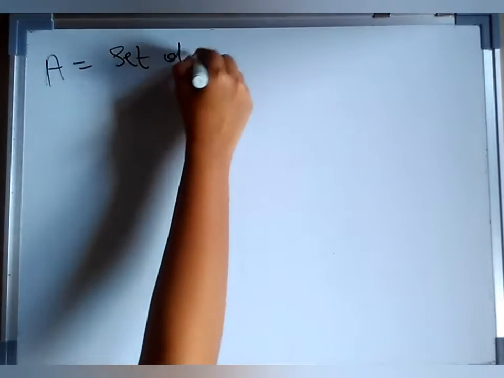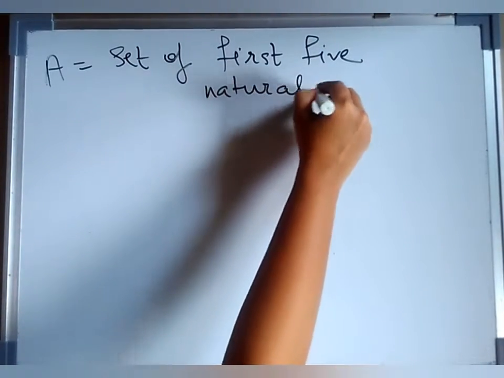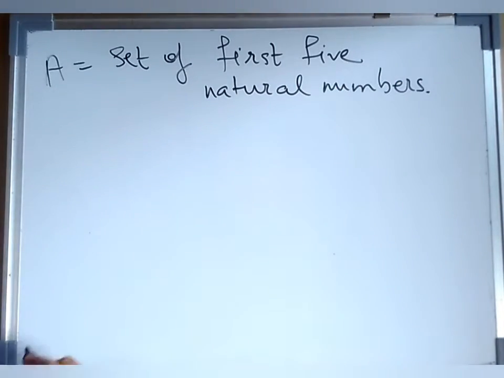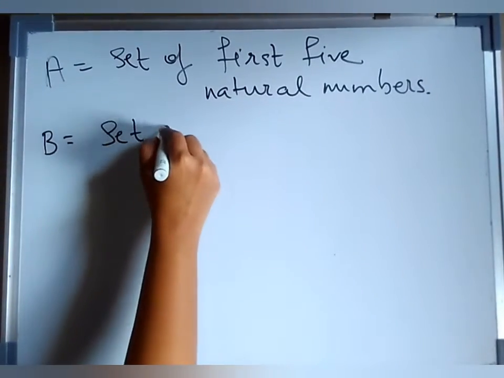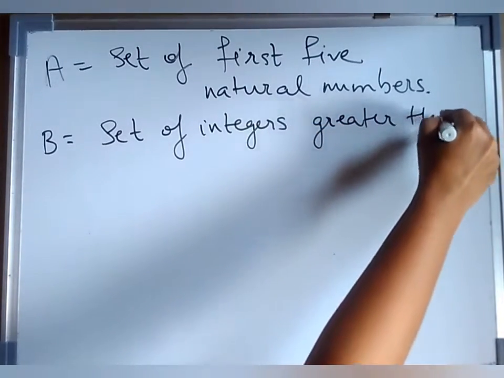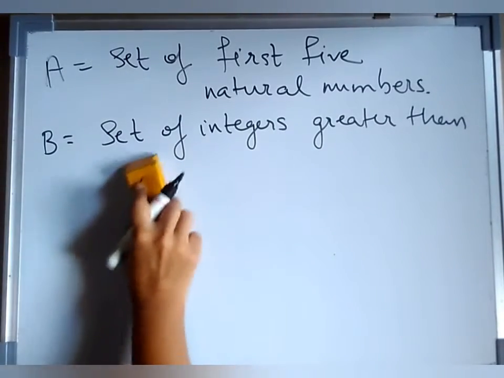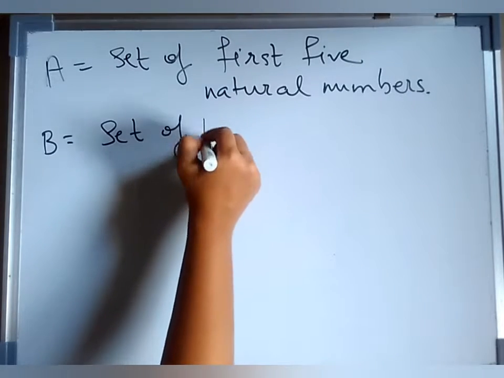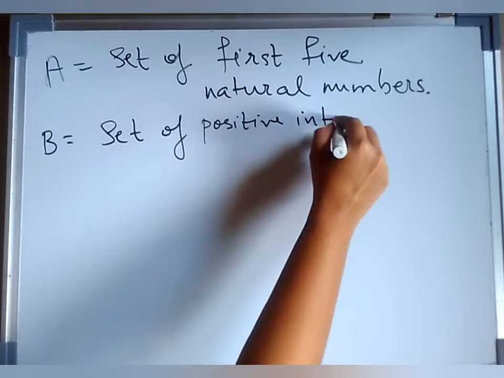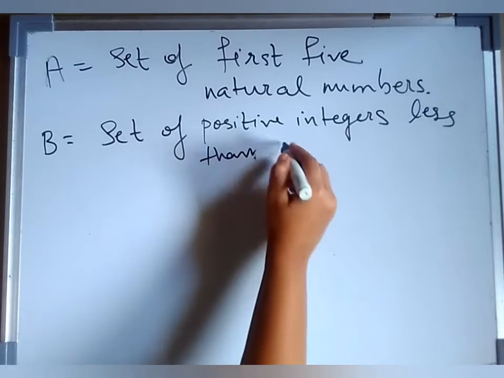Now we will consider another example of equal sets. Consider A, the set of first 5 natural numbers, and B, the set of positive integers less than 5.